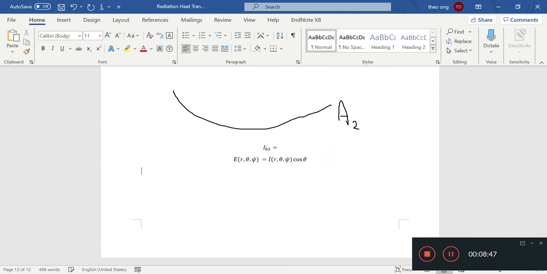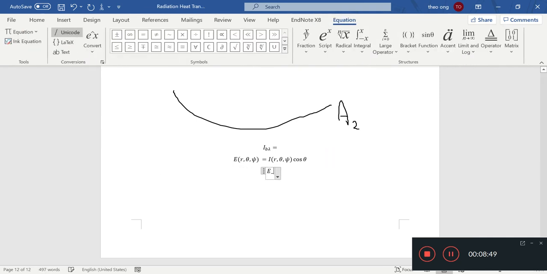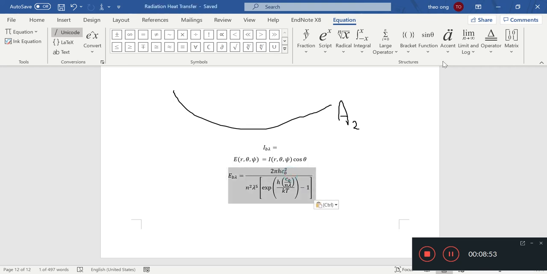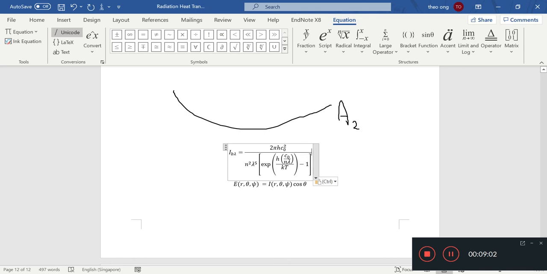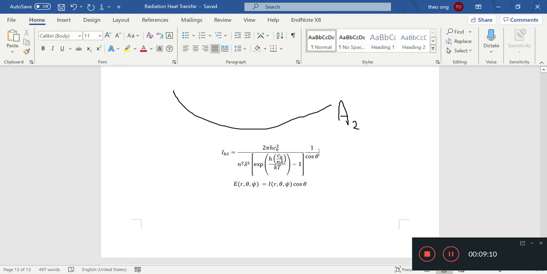So we have E_B lambda equals this. So I_B lambda equals whatever this expression is, divided by 1 over cosine of theta. So there is some angle dependence there. That's how we find that.